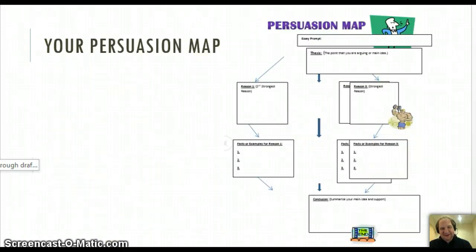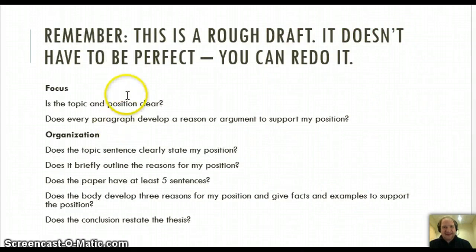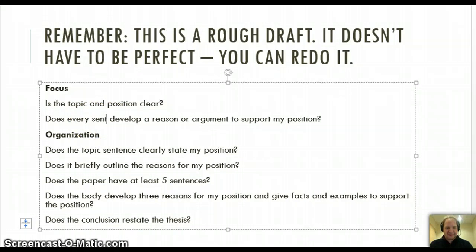With this assignment, we're going to do a rough draft and then a full paper. So first, focus. Do you have a clear position? Does every sentence give a reason for it? Because we're just doing sentences here. Sorry, I did change this.